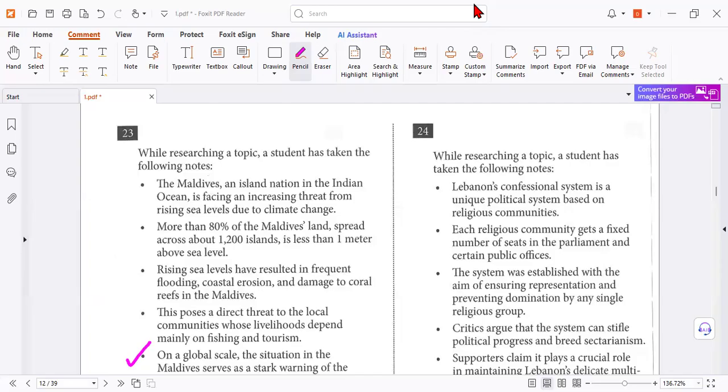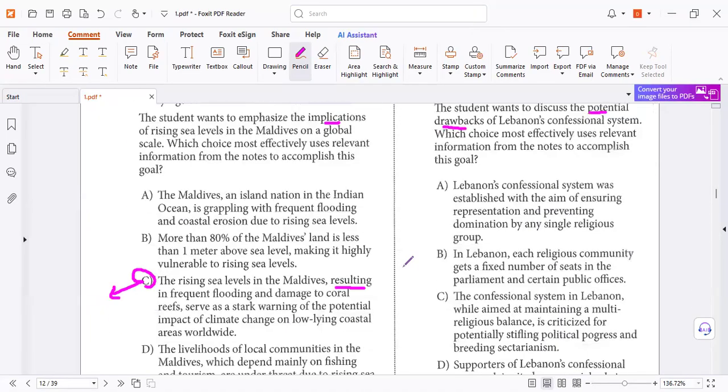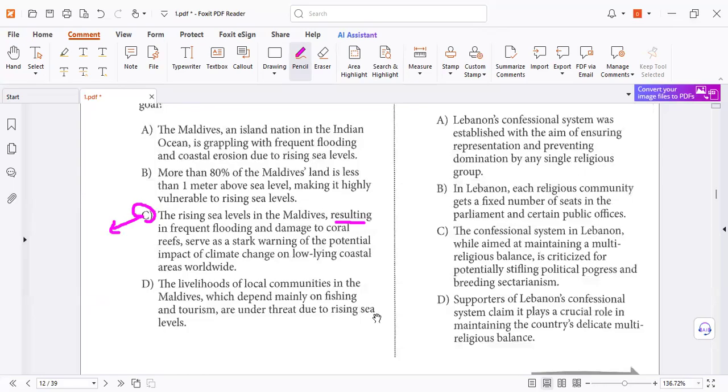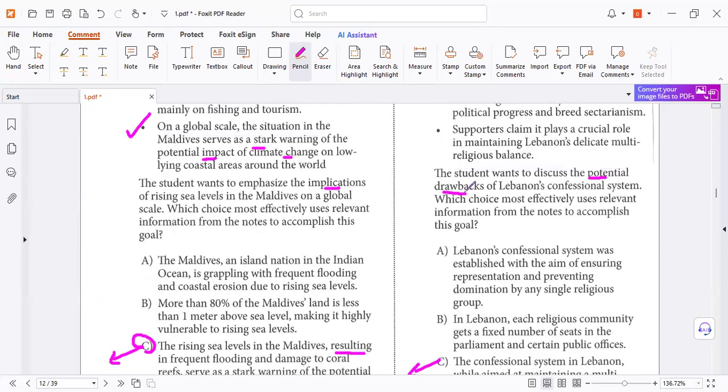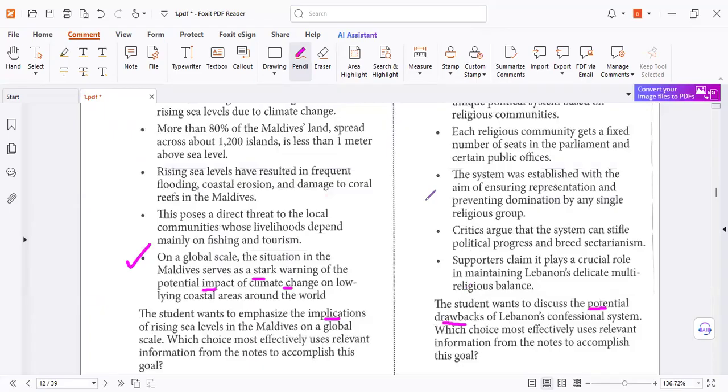Is it D, sir? For 24, you answered D. Why not C? He asked about the drawbacks only. So find the disadvantages.